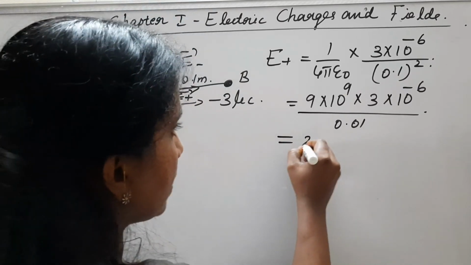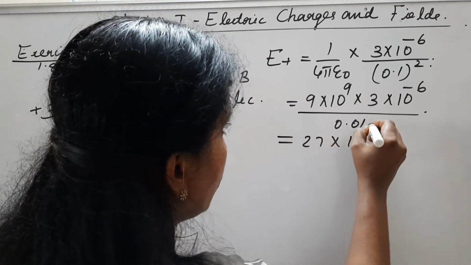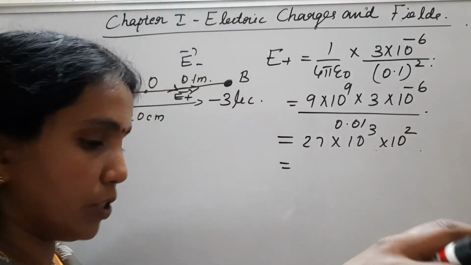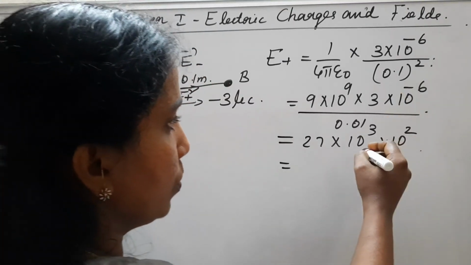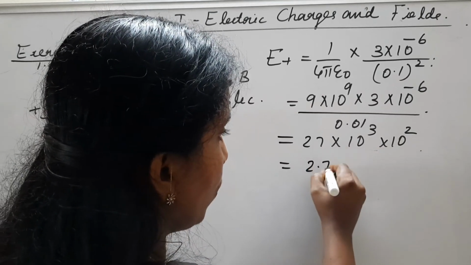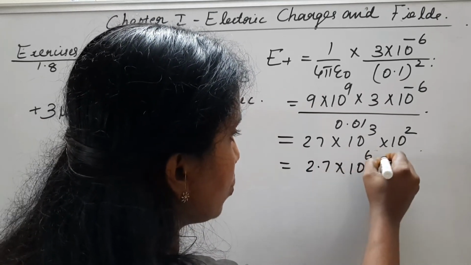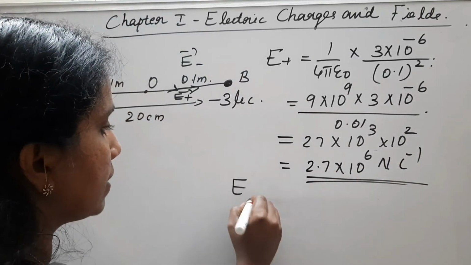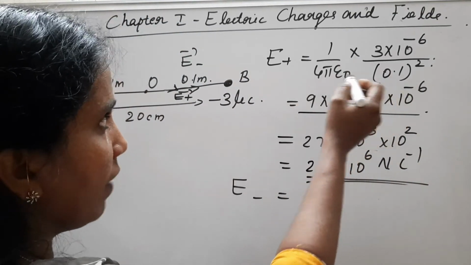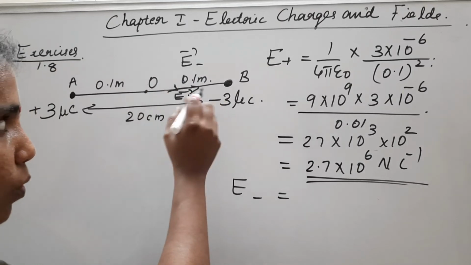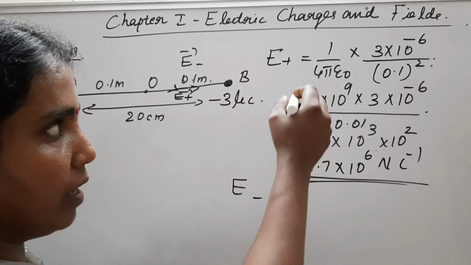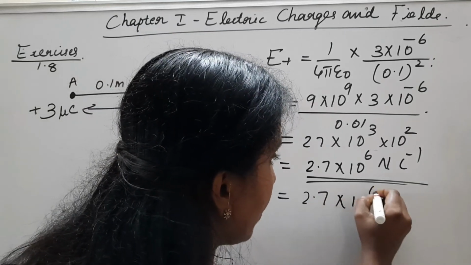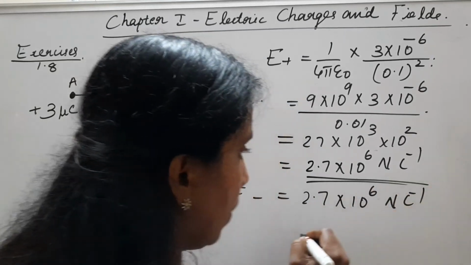So it is 27 into 10 raised to 3 into 10 square. So it is 2.7 into 10 raised to 6 Newton per coulomb. Now we find E minus. E minus will be of same value, because for both only the difference is in direction. Everything else is same. So you will get it as 2.7 into 10 raised to 6 Newton per coulomb.